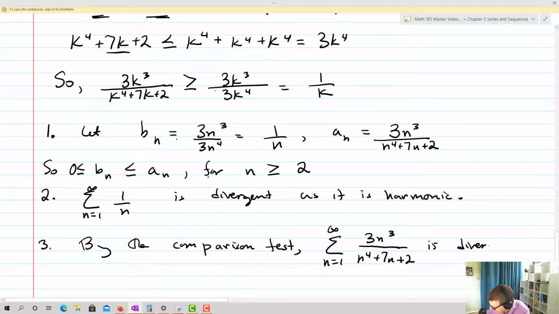Notice that in this case, our chosen function b sub n is less than or equal to a sub n, and our selected function is divergent as well. That's the only direction that we can use in order to prove this.